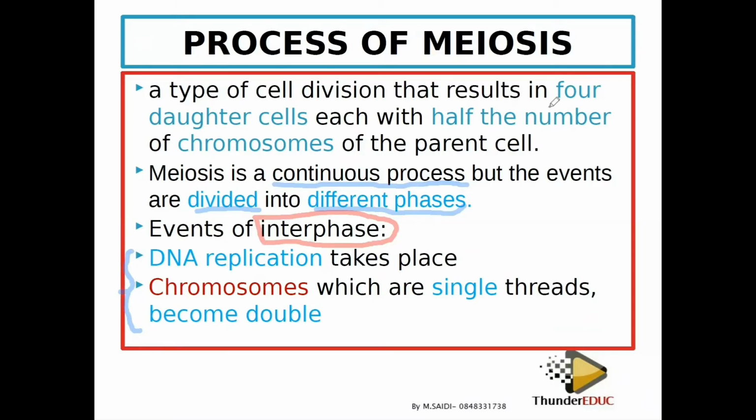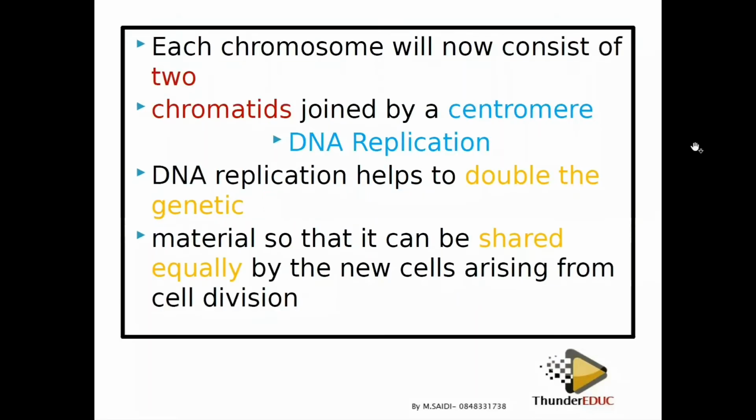All right, now we move on to the next slide. Each chromosome will now consist of 2 chromatids, double-stranded, joined by a centromere. This is the process of DNA replication, the DNA code of life. The DNA replication helps to double the genetic material so that it can be shared equally by the new cells arising from cell division.